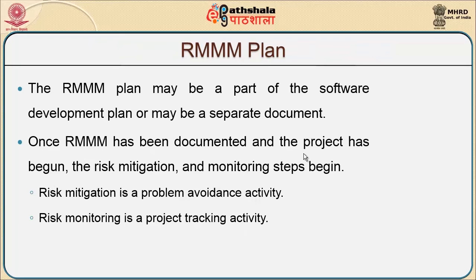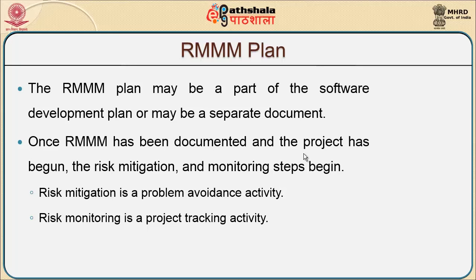The RMMM plan, which is mitigation, monitoring and management, is a part of the software development plan and may be a separate document. This plan has been documented and the project has begun, starting from mitigation and monitoring as a beginning stage. Because of mitigation, we try avoiding problem activity.